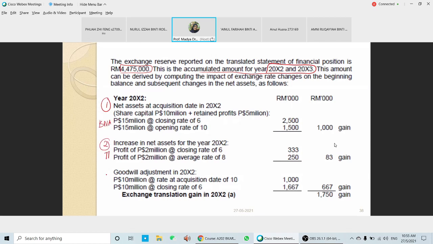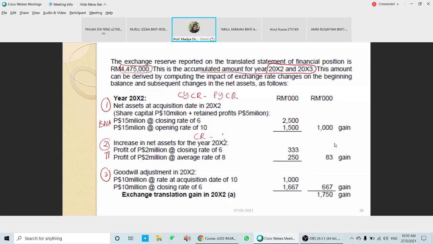Okay, 3 items. For the net asset, how we're going to calculate here is the difference between the current year closing rate minus the prior year closing rate. This is the formula for the net asset. For the profit here, it is the current rate minus the average rate.